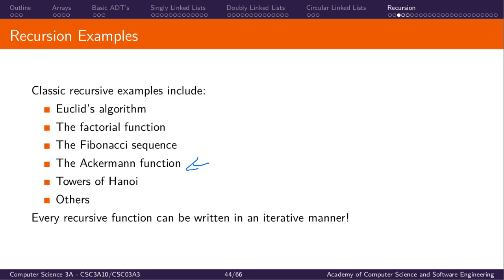That process takes longer than the same number of iterations within a loop. So the same number of recursive calls compared to iterations will take longer. Usually, it's that it is more elegant. It's a lot simpler to express certain solutions as recursive functions compared to expressing them as iterative functions. All right.